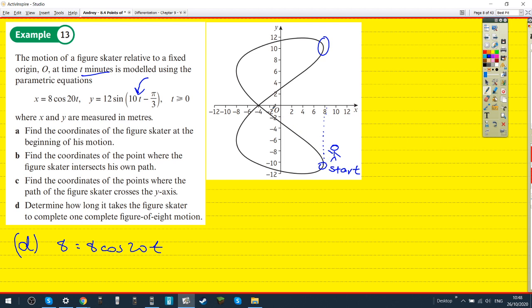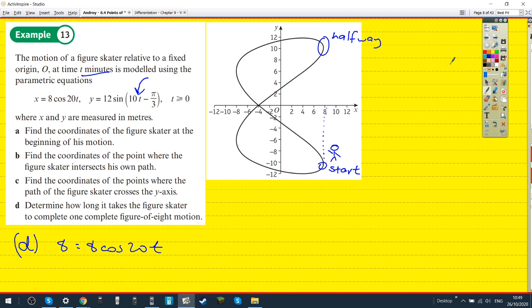So he sets off, he has an x coordinate of 8. We want when he returns to having an x coordinate of 8 again, but actually he temporarily has an x coordinate of 8 here. So which time answer do we need? Is it between 0 and 8?